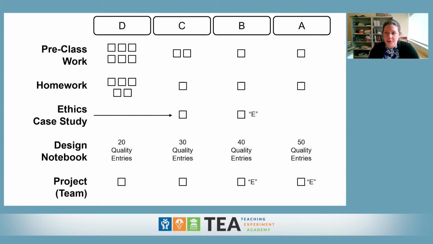Okay, so the first time I taught this course, I had a grade checklist. So we had pre-class reading and responding to questions. There were some individual homework assignments because so much of this was team-based. I wanted to have some individual assignments. So there were some individual homework assignments that were directly related to their project. We had an ethics case study assignment. All students had to keep an individual design notebook to document their contributions to the project.